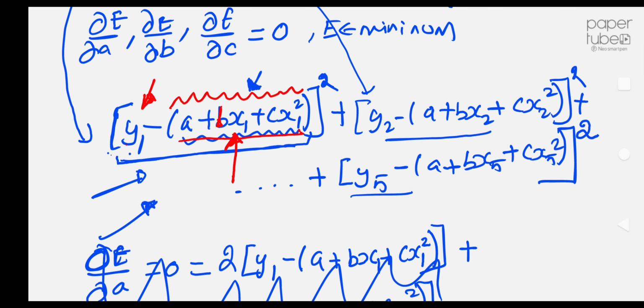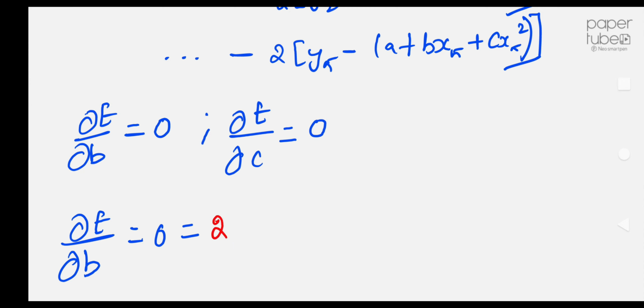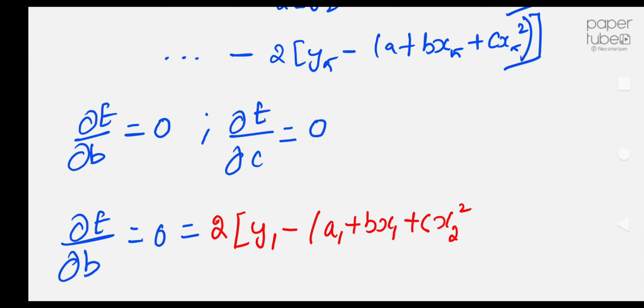So that will be, same again, 2 times (y1 minus (a plus b x1 plus c x1 whole square)), and differentiating with respect to b, that should be multiplied by minus x1.